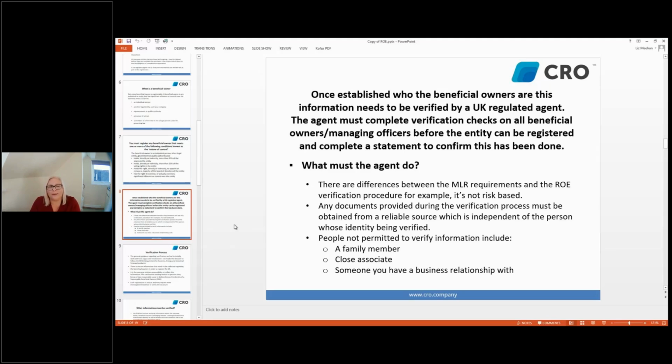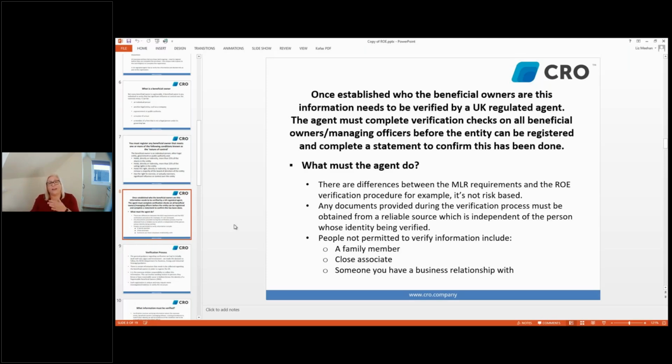And when we talk about independent sources, the Passport Office is an independent source, so that could be a proof of existence for that person, because that's not coming from them directly. But when you're looking at this information and who's allowed to verify that information, it can't be a family member or a close associate or somebody that they have a business relationship with.